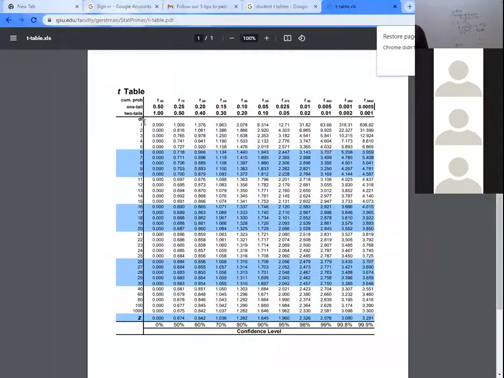So you can see degrees of freedom V, you go to 9. And for T.975, it is here. At the intersection, you'll be able to see 2.262. I hope that is helpful.